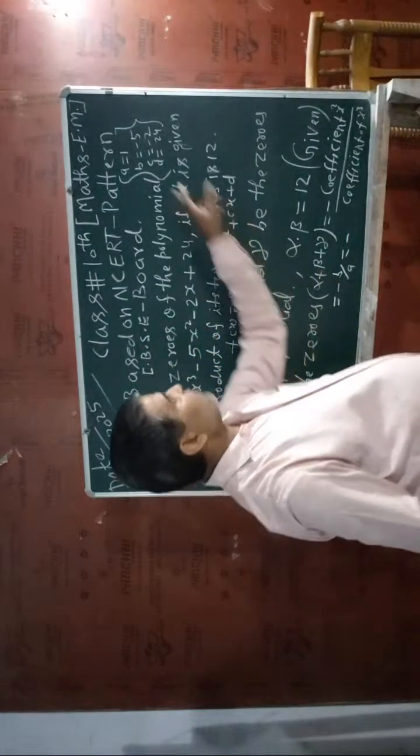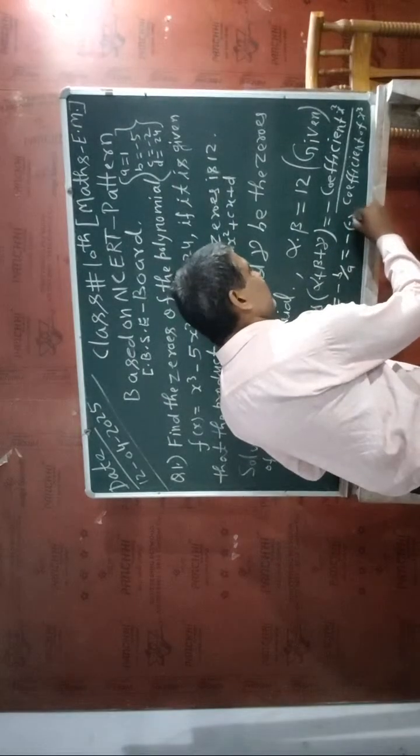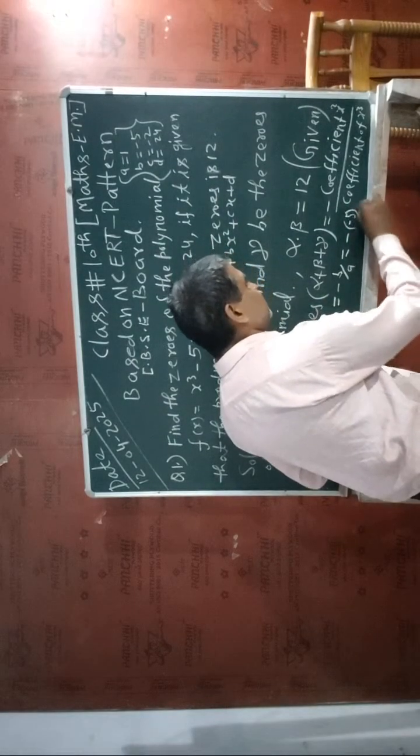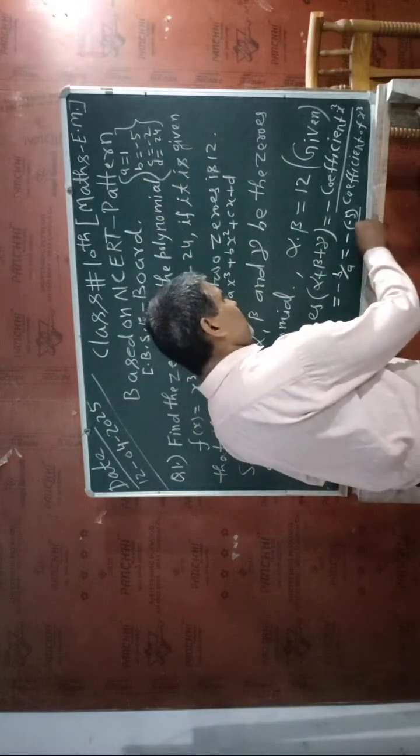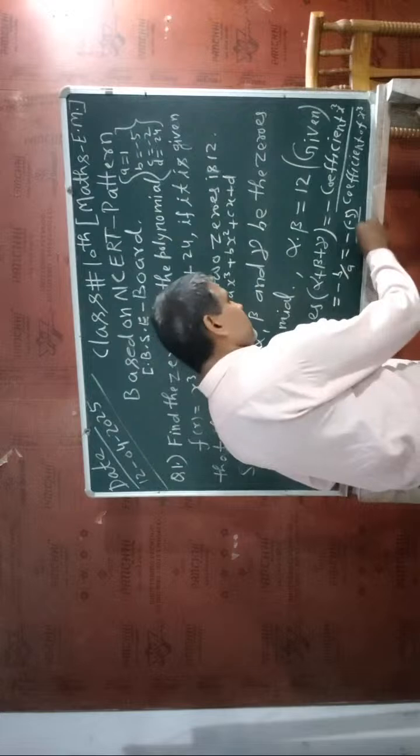The value of b I will take from here: b is -5, so I will write minus of -5 divided by the coefficient of a, which is 1. So I will put 1.